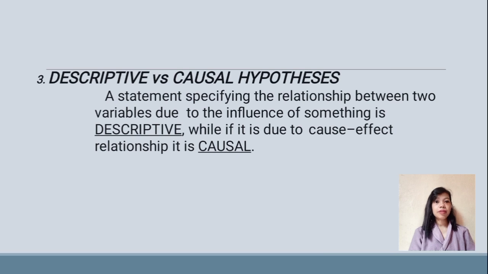A descriptive hypothesis is basically the description of the relationship between the two variables and the influence happening to that. And of course, a causal hypothesis is due to a cause and effect relationship. So it is more on experimental research.